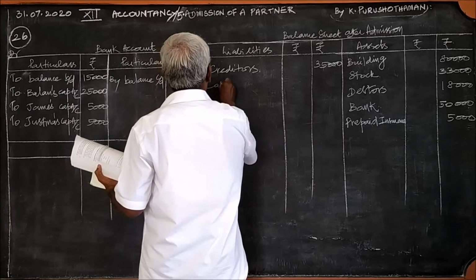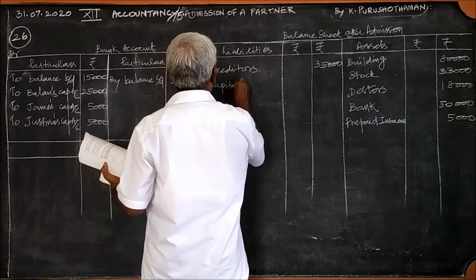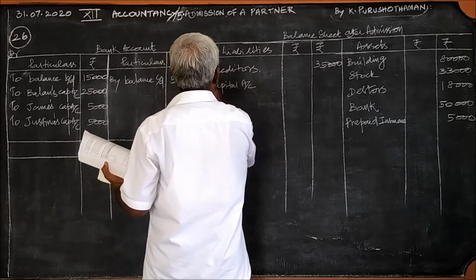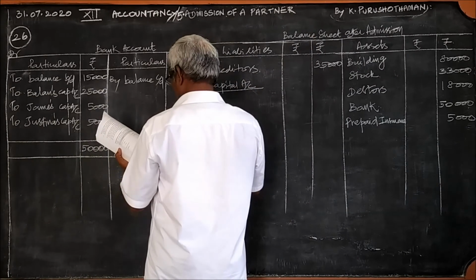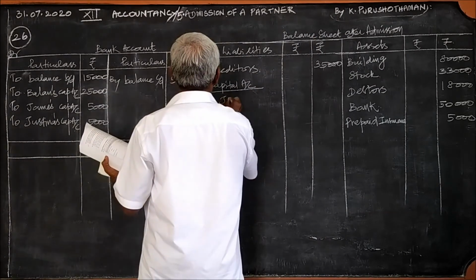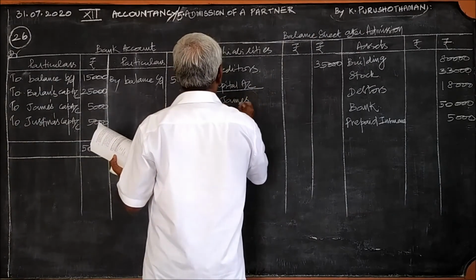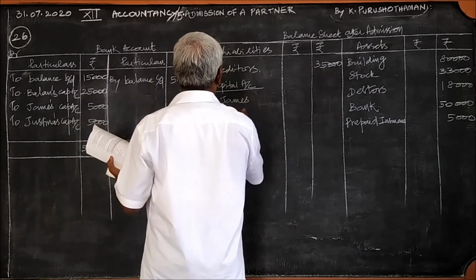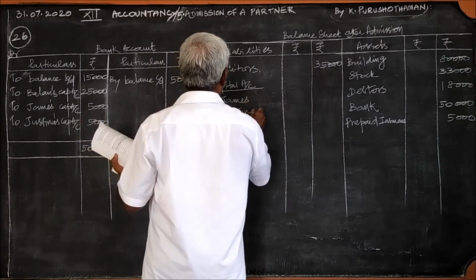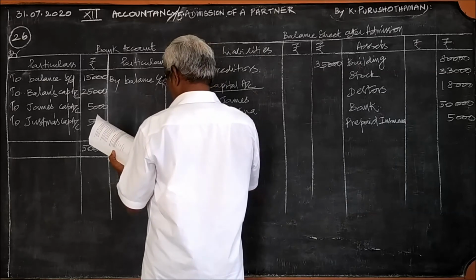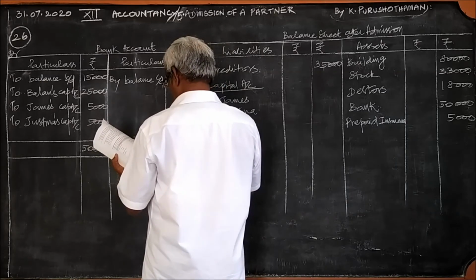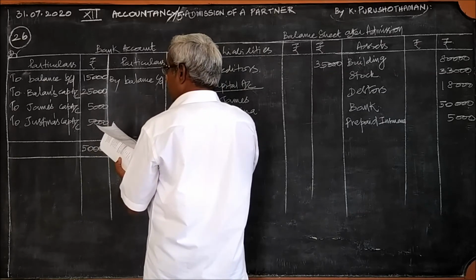Now we can write the capital account. Who are the three partners? James, Justina, and the next one, Bolan. Bolan is the new partner admitted.